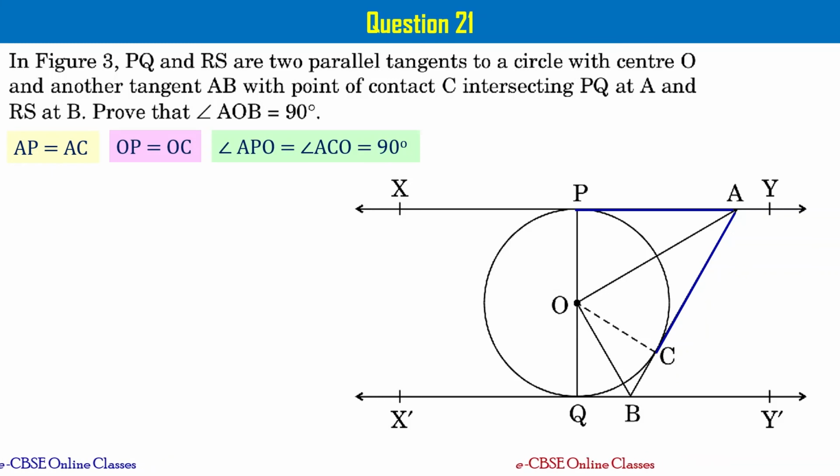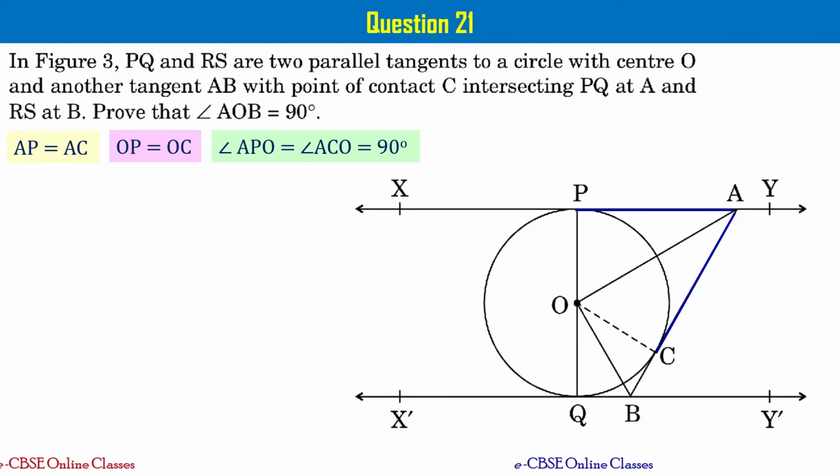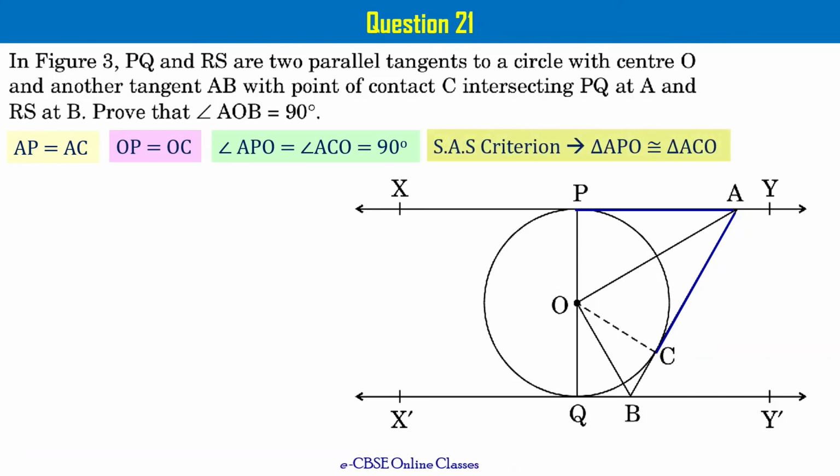And the sides including angle APO are AP and OP. They are respectively equal to the sides including angle ACO. Those are AC and OC, right? When you have such a scenario, SAS criterion of congruency says that triangle APO and triangle ACO are congruent triangles.